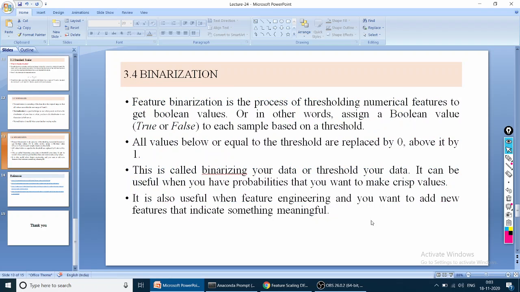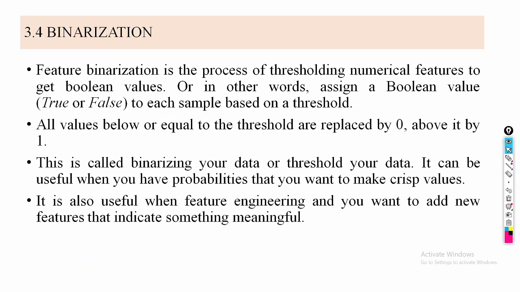Next, binarization. Feature binarization is the process of thresholding numerical features to get Boolean values, meaning true or false for each sample based on a threshold. Binarization is mainly based on threshold values.